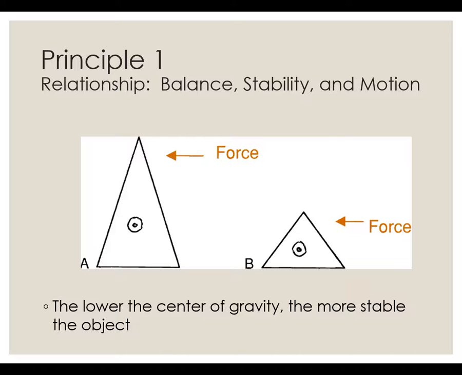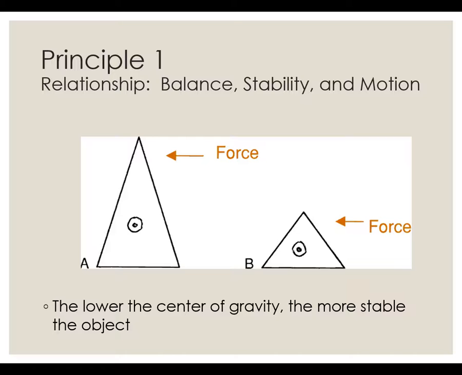When you've got an adult, clearly they're taller. Their center of gravity moves up off of the ground. A child is a lot shorter, and so their center of gravity is going to be closer to the ground. So the more stable they're going to be.